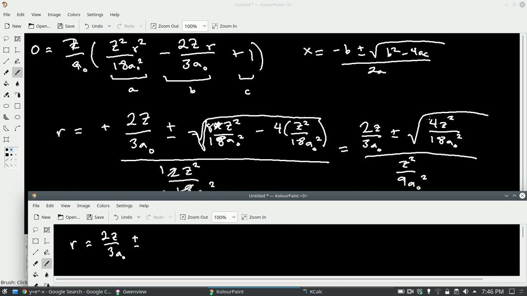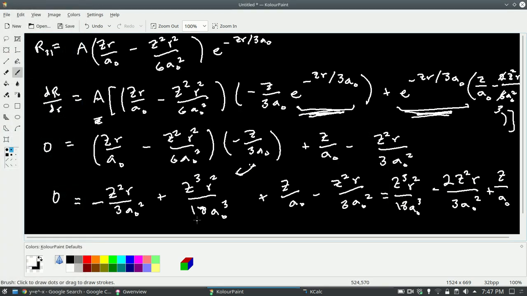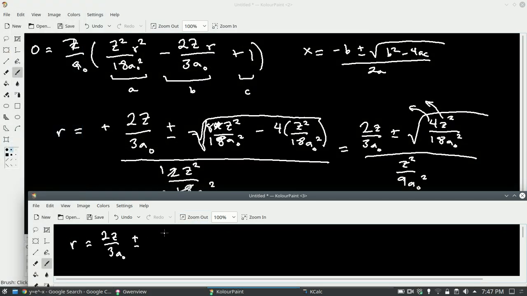Now, I'm going to take the 4 out, so that'll give me 2. The z squared out, that'll give me z, so it's 2z over, and then over a naught squared, that'll give me a naught. Oops, where's my new paper? Okay, so that's going to be 2z over a naught, and then I can take a 9 out of here, so that'll be a 3. But then 9 times 2 is 18, so 2 is going to stay in there. 3 root 2, like that.